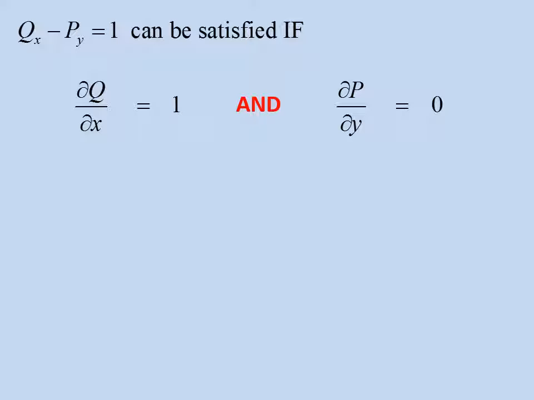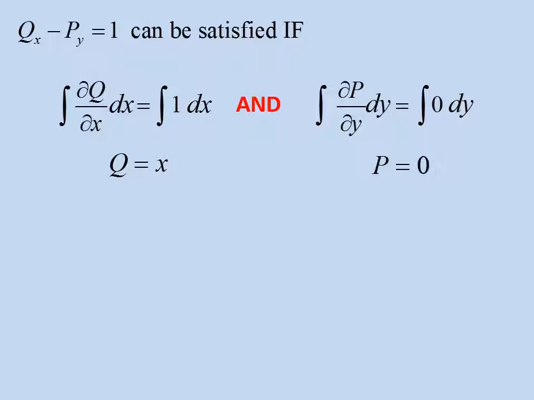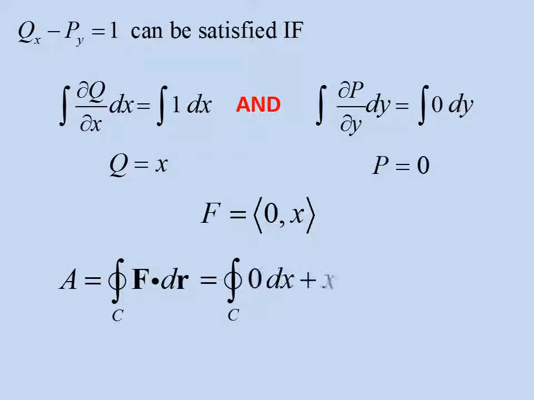Now there's others that would work, but this one works, and we can recreate our Q and P by integrating those. And so we could use this vector field and evaluate the line integral of just x dy instead of doing the double integral.